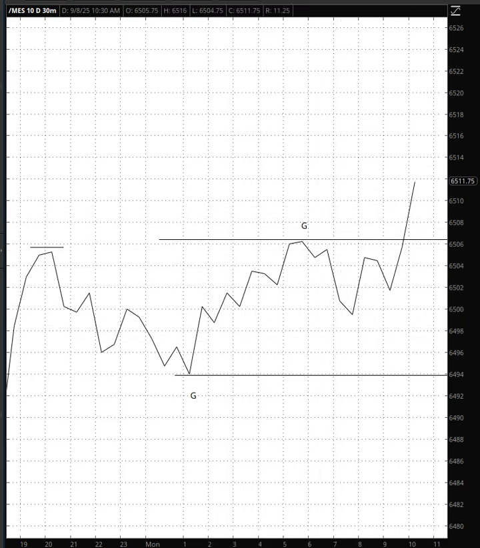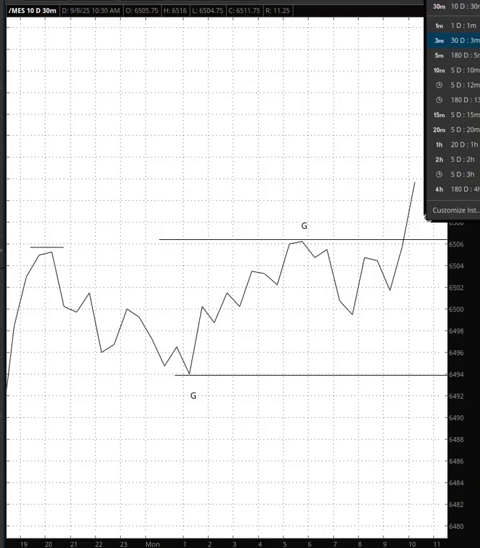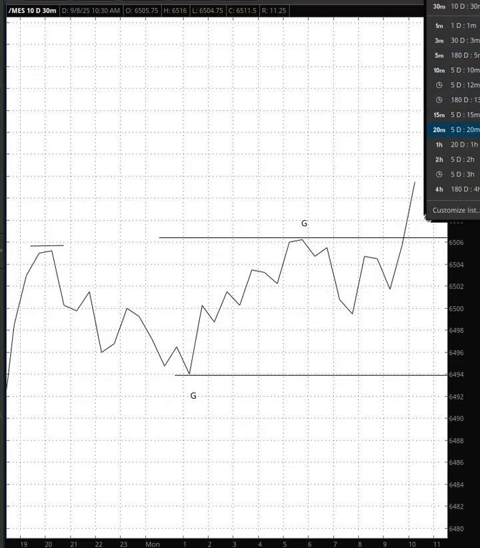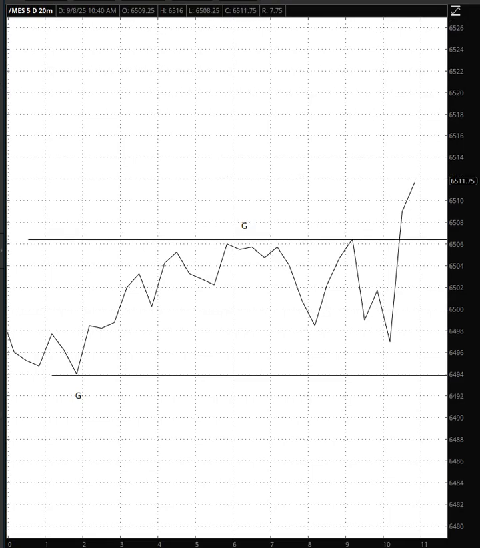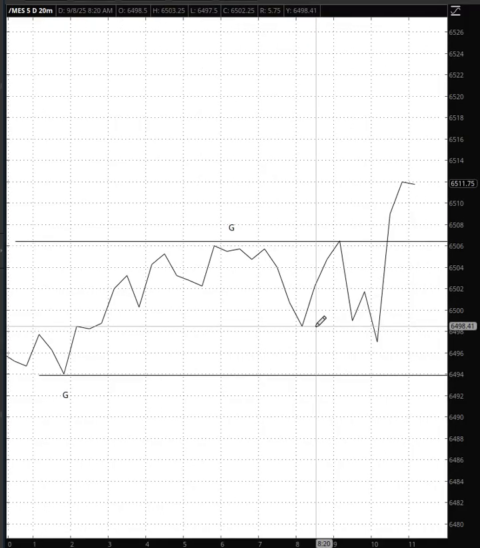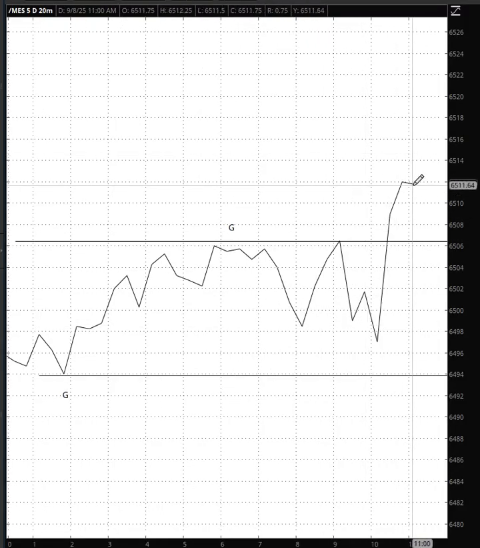Now, if you closely look at another time frame, I'll go down to the 20-minute time frame. What do we have here? We have a semi-quasi fractal bottom here, but the market is going up.